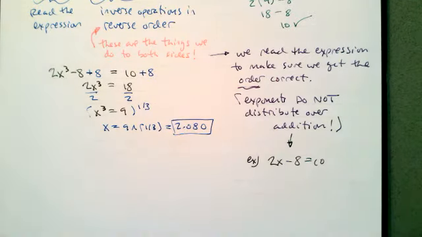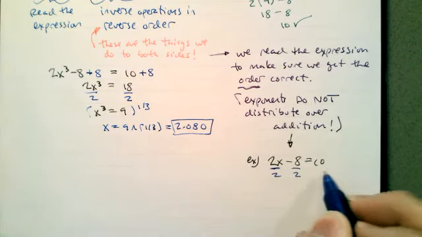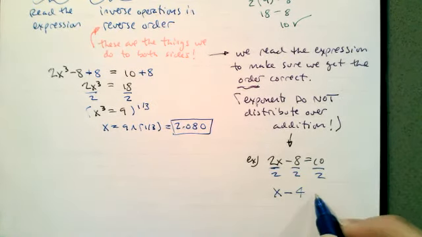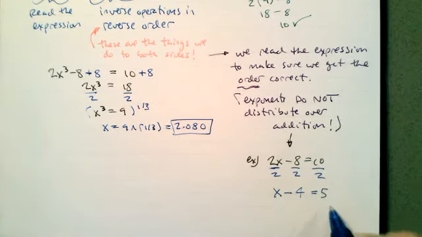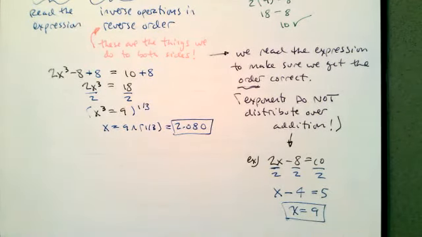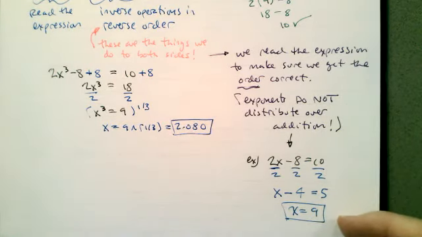We can divide by 2 first as long as we divide everything by 2, because multiplication distributes over addition. But now instead of adding 8, we add 4, and we still come up with 9. The reason that we can do this is that multiplication distributes over addition. I was able to divide all the terms by 2. That's why I got to do this.